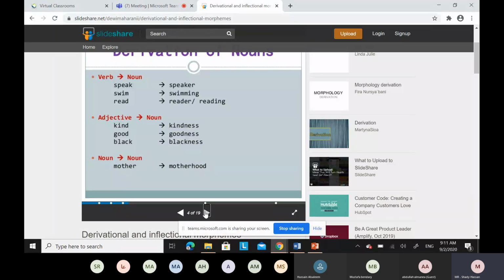Well, you've got the word mother, it's a noun. You add a suffix like hood at the end of this word, it's motherhood. Actually, as part of speech, nothing happens, because mother is a noun and motherhood is another noun. But motherhood is a derivation from the word mother.